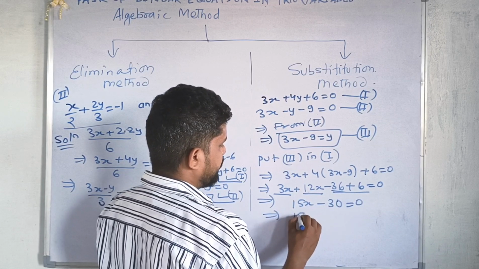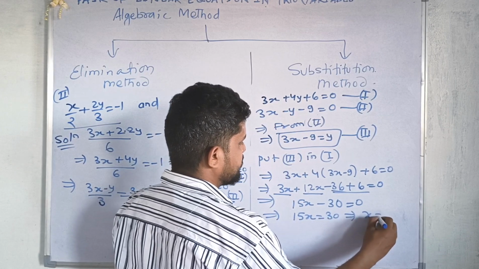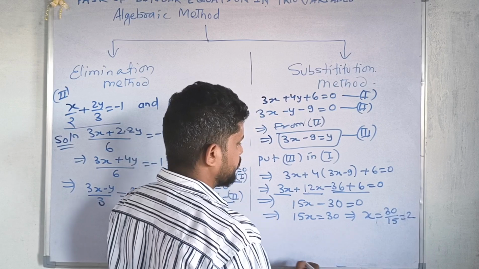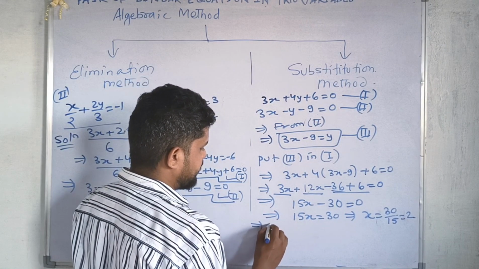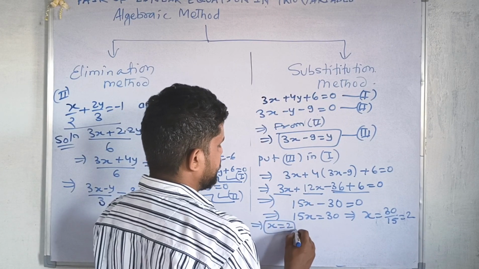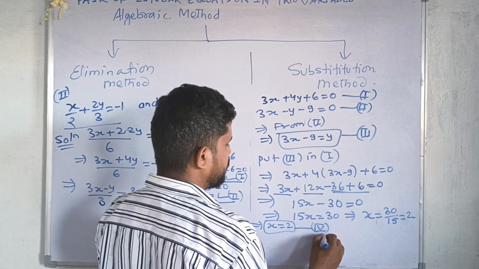Here 15x will be equal to 30. This shows that the value of x is 30 by 15, which is 2. Now we have got the value of x is equal to 2. This implies that x is equal to 2. Let's consider it as equation number 4.